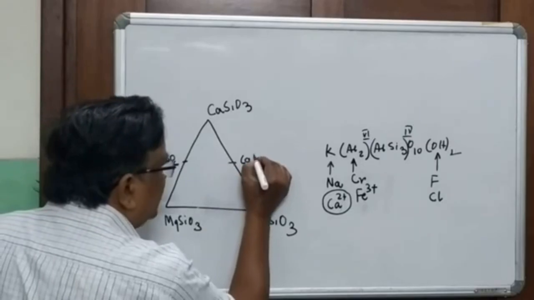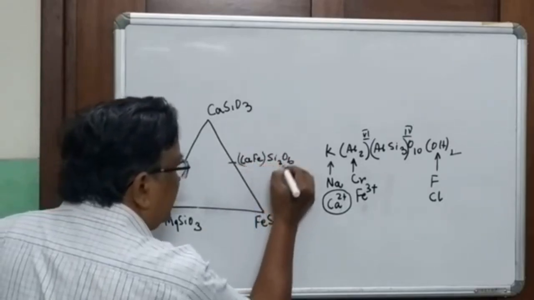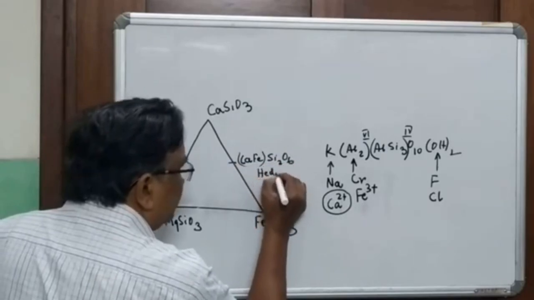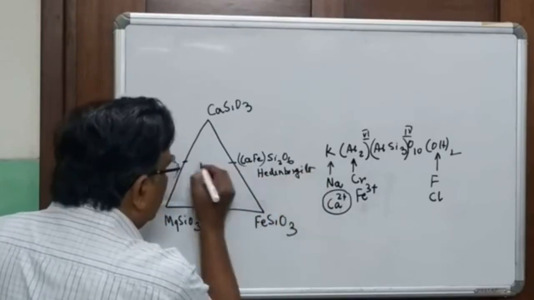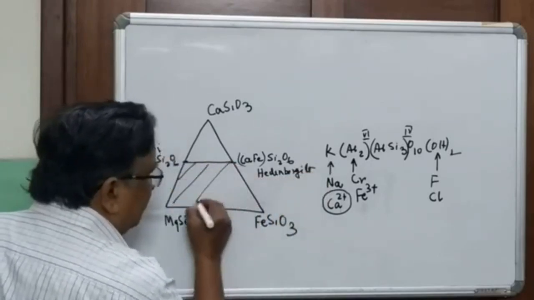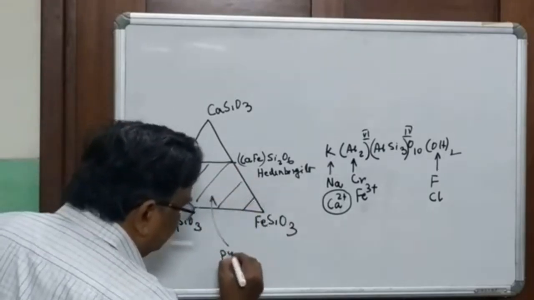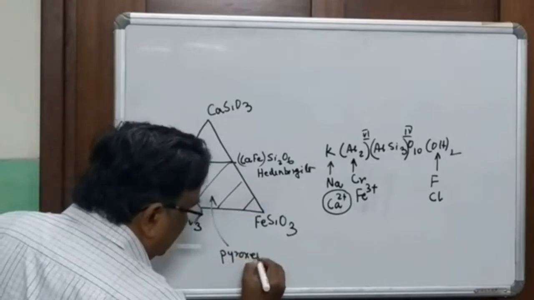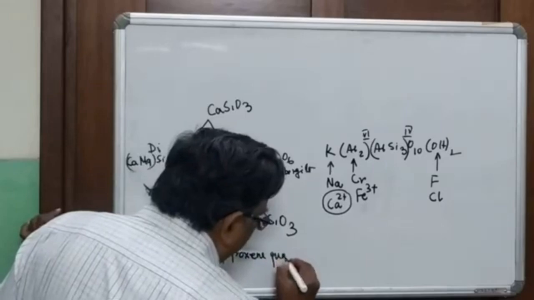Similarly, if you have CaFeSi2O6, then this is called hedenbergite. So this is your very famous pyroxene quadrilateral.